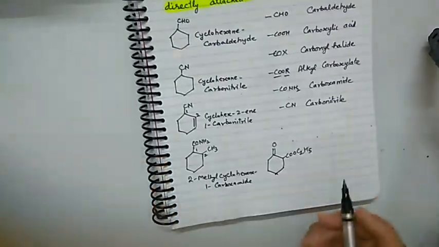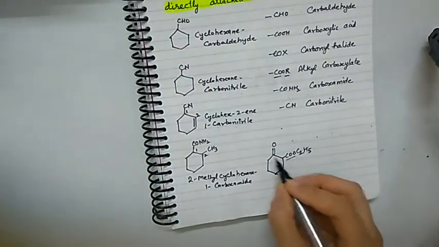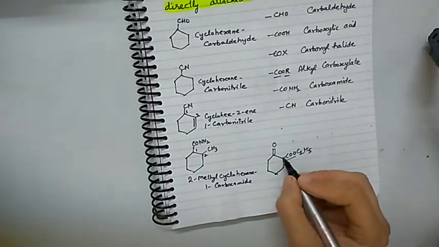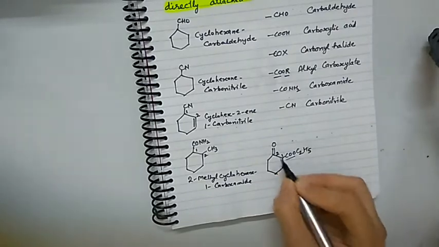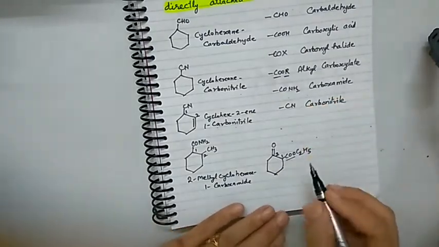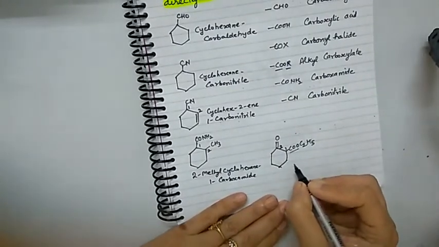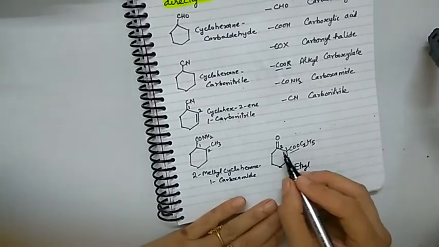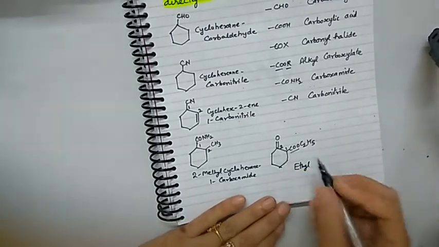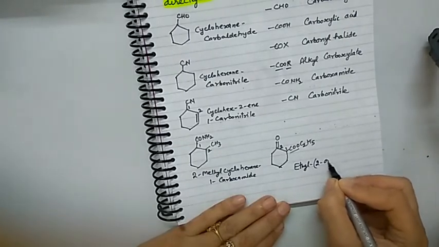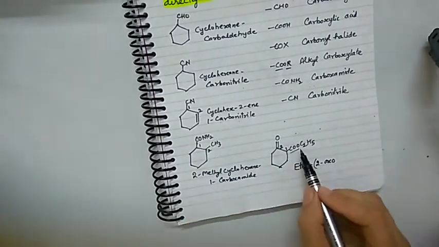Now let us come to this. This is the principal functional group. This is now considered as substituent. So this will be given number 1. This is 2. Now for esters we start the name with alkyl group. So first we'll write ethyl, right? Ethyl. At position 2 there is oxo. 2-oxo, right?